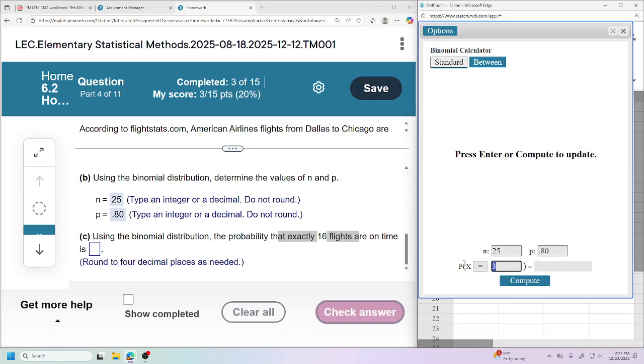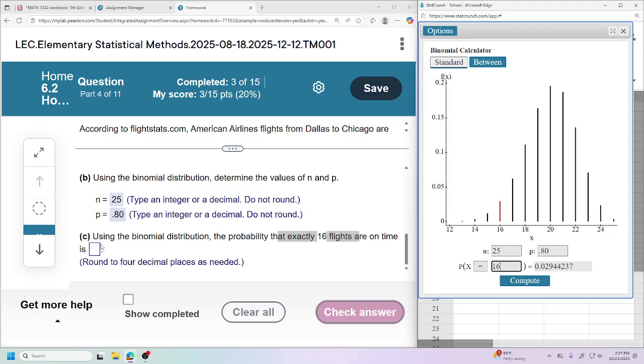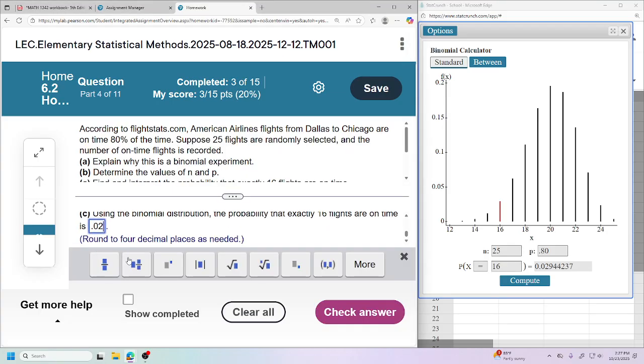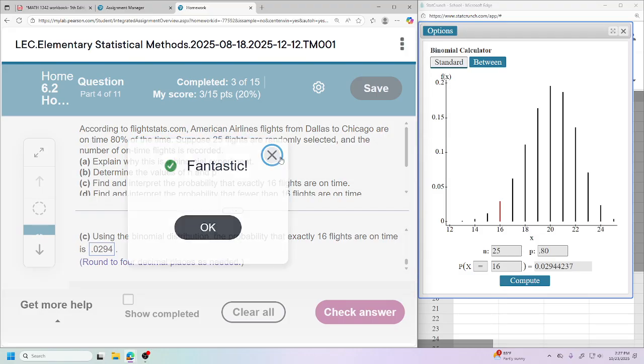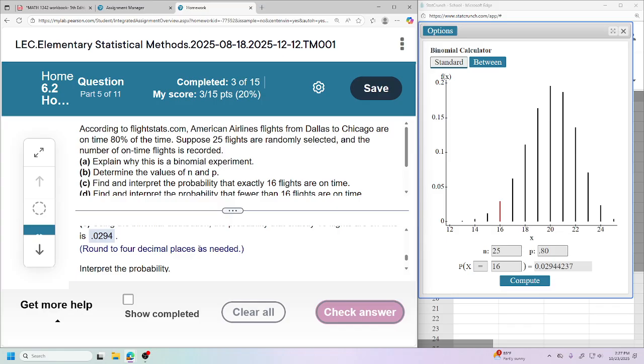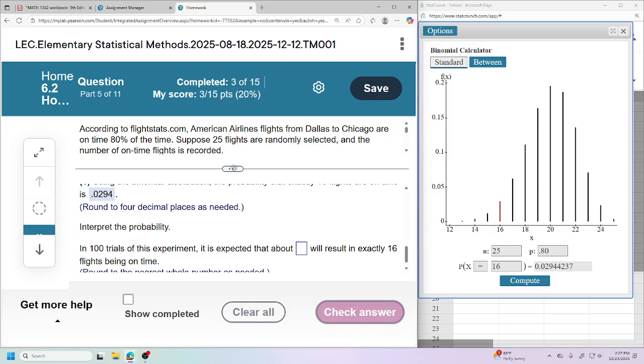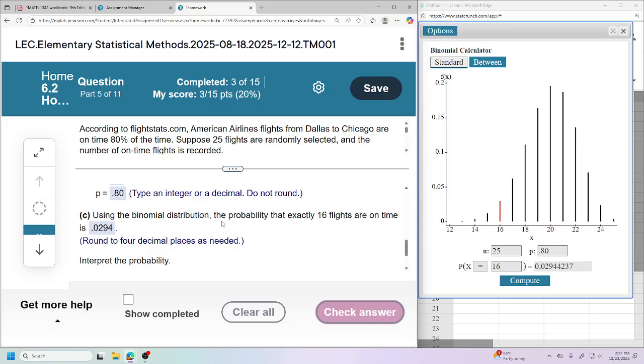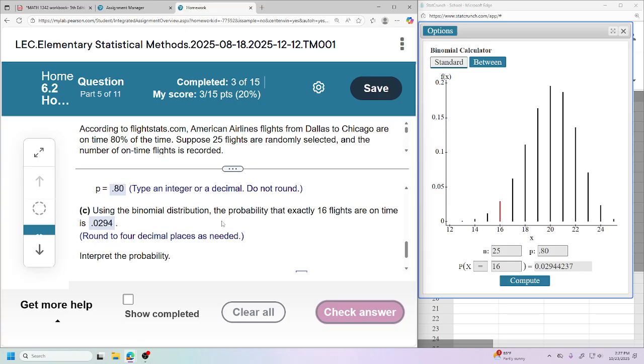And then it says exactly 16. Putting it in. 294. So copy paste from StatCrunch. Is that okay? Pretty straightforward there. No problem. Just put it in StatCrunch.